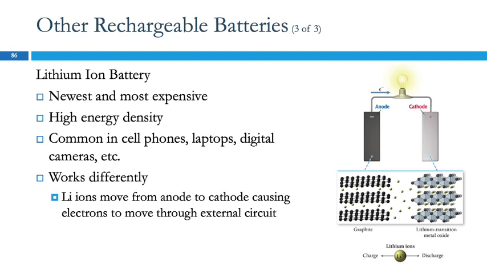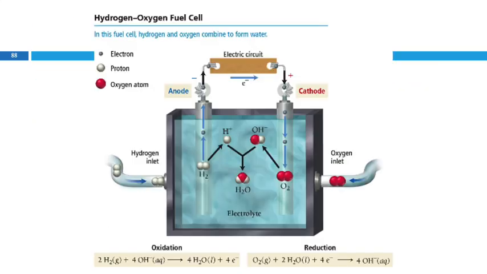And so for an electrolytic cell, that's going to be like your potassium and your nitrate ions in your salt bridge. Here, it's going to be lithium ions moving between. And in this fuel cell, you have the hydrogen ions and hydroxide ions that are moving in the solution.